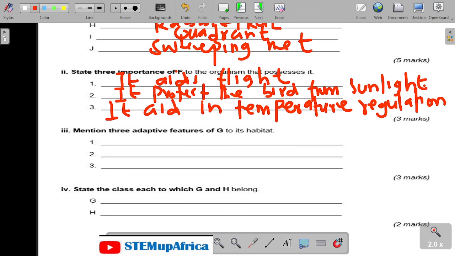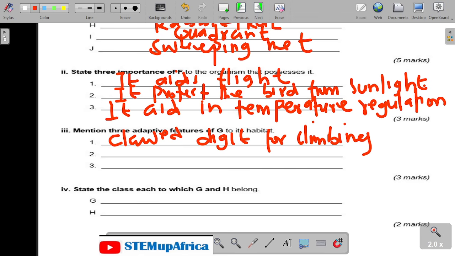Then remember 3, we are asked to mention 3 adaptive features of G to its environment. Number 1, we have the claw digits for climbing.